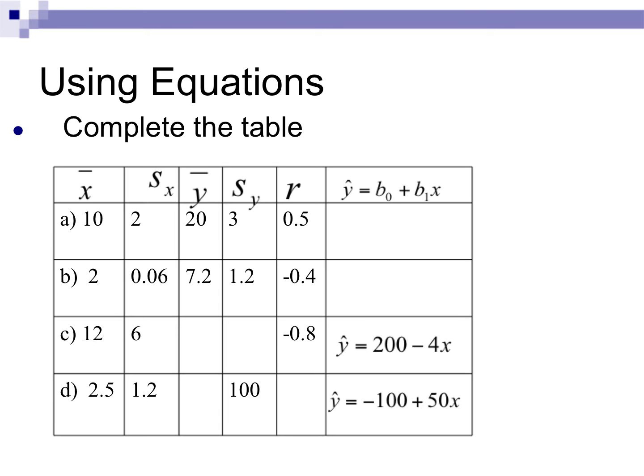As we calculate, we need our slope formula. B1 is R times SY over SX. Okay, we're going to dig back into some old algebra here.